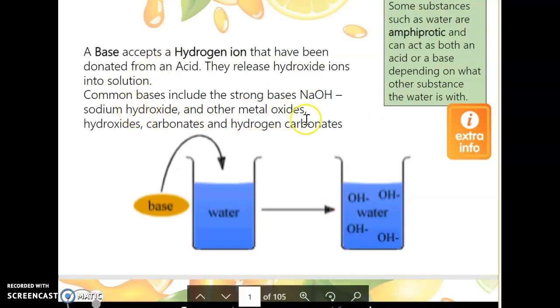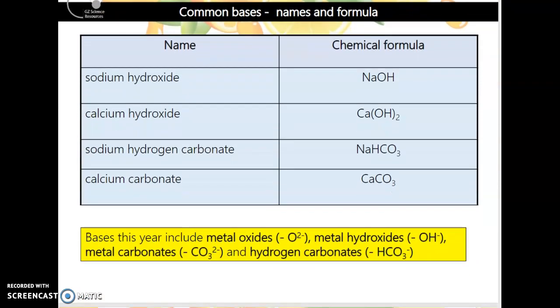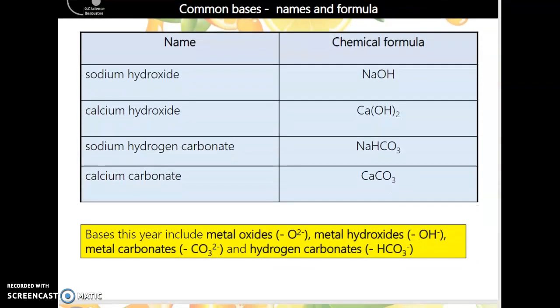And you can see there in our lab, the common strong base is sodium hydroxide, and other metal oxides. We've also got carbonates and hydrogen carbonates, which are also bases. So there you go, sodium hydroxide, NaOH. The OH means it's a base because it has OH- ions.